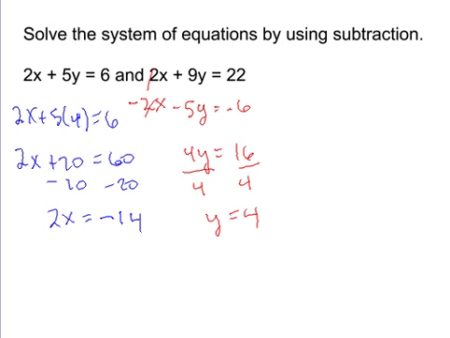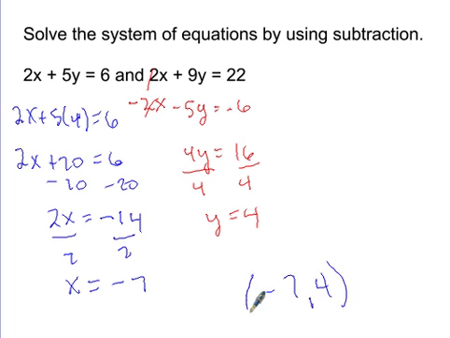I don't know where that came from. 6 minus 20 is negative 14. So x equals negative 7. Does that make sense? You can subtract to eliminate an equation as well, but you've got to remember to change the sign of everything in that equation.